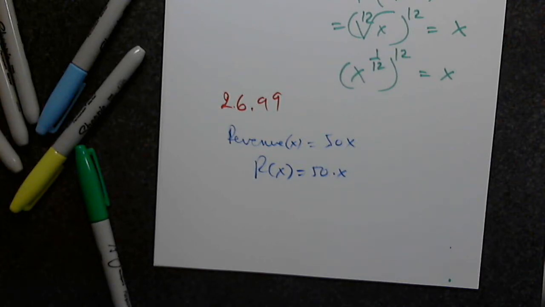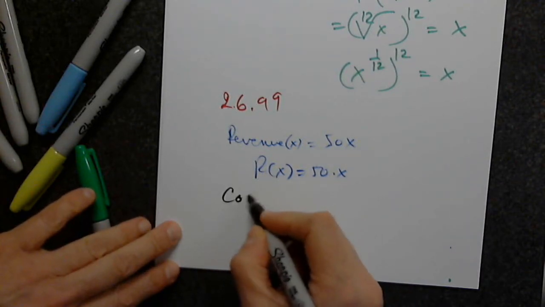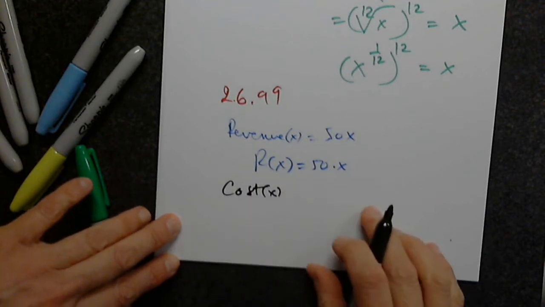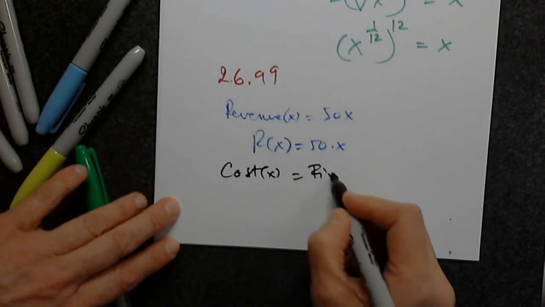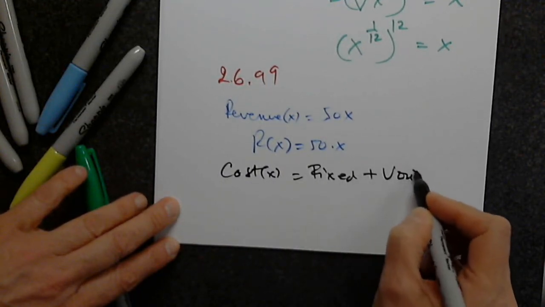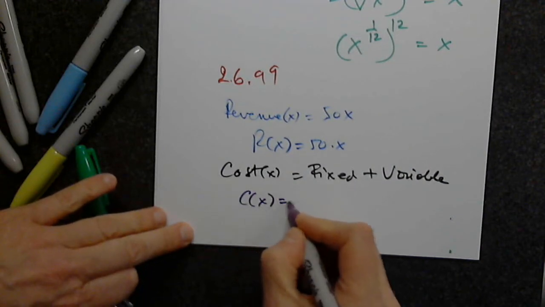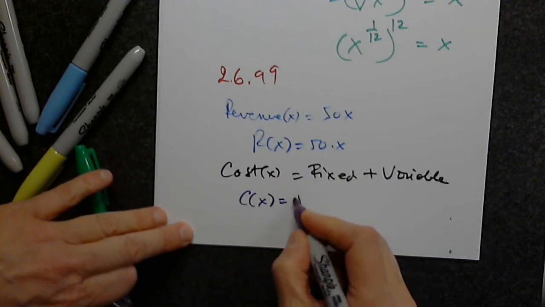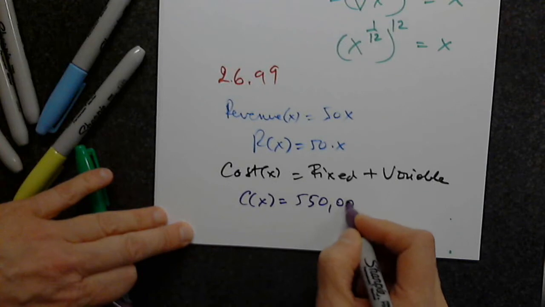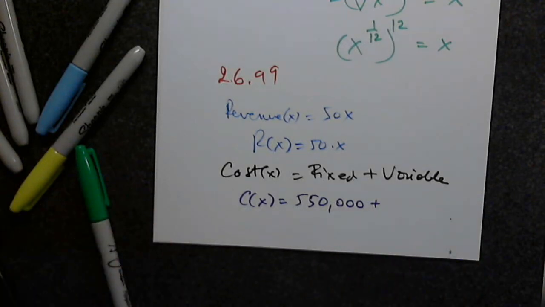Then the cost of x is fixed plus variable. Is this okay so far? Any questions? Okay, so then C of x is a function. The fixed costs are given to us, 550,000, plus the variable.